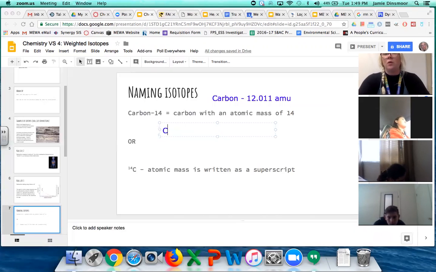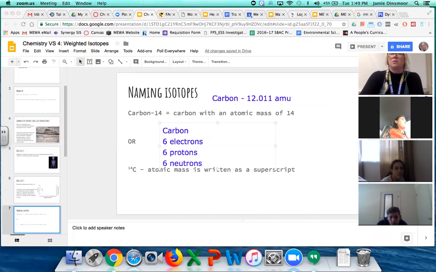So think of it this way, a regular carbon atom has 6 electrons, 6 protons, and oddly enough, 6 neutrons, right? Which again, I can figure out by saying its atomic mass is 12, its atomic number is 6, which is where I got the 6 for the protons and the electrons. Well, 12 minus 6 is 6, so there are also 6 neutrons.